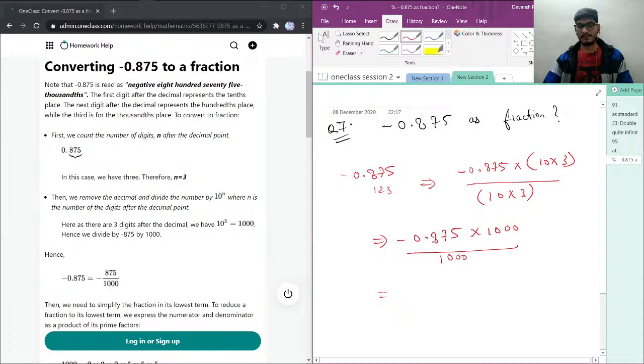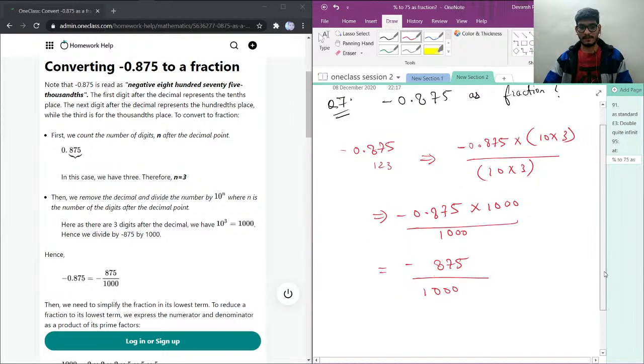Now when we multiply 0.875 with 1000, this number will become negative of 875, because the decimal will vanish, or it will just go away because it is multiplied by 1000 and we have the denominator here.